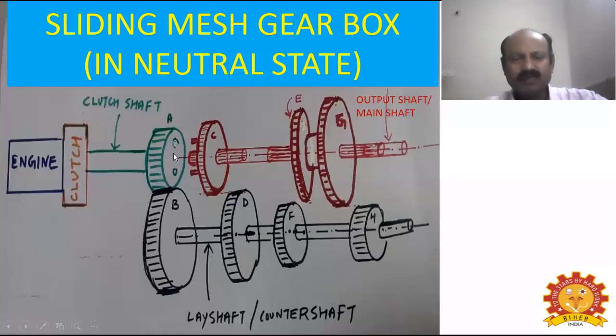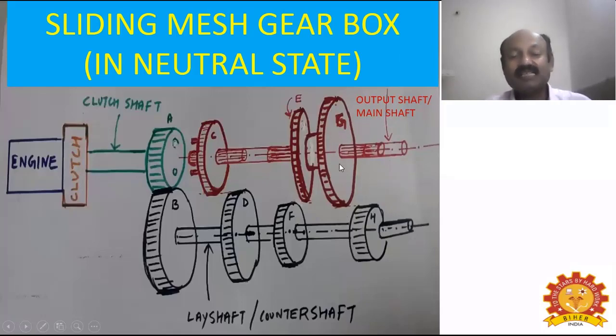Now listen. The engine is running at 4000. The clutch shaft and green gear A are also running at 4000. Gear B is running at 2000. All the lay shaft gears are running at 2000 RPM, and because of the gear mesh, gear G meshing with gear H, power is transmitted from gear H to gear G. Because of its bigger size, gear G rotates at lower speed, for example only 1000 RPM.